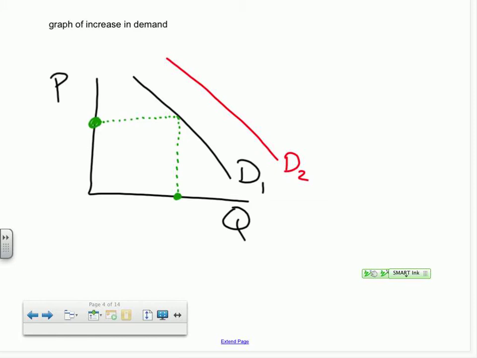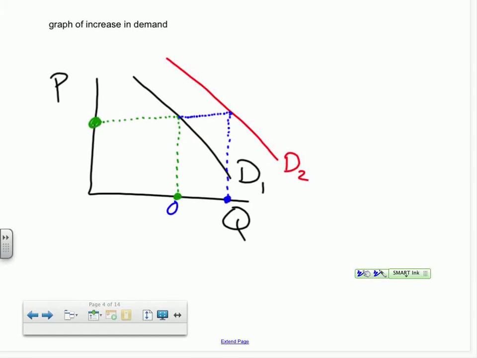All right, remember, we said that an increase in demand means that even at the same price, more people will buy it. So we stay at the same price. You continue your horizontal line over at the same price until you get to the D2. And then you go vertically down to your quantity. And here's your new quantity.